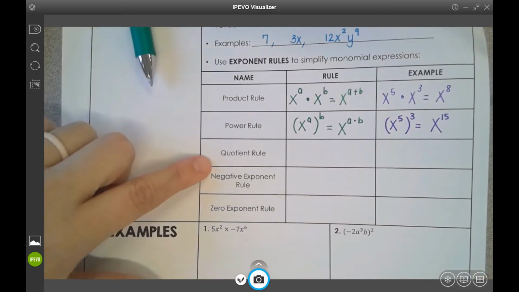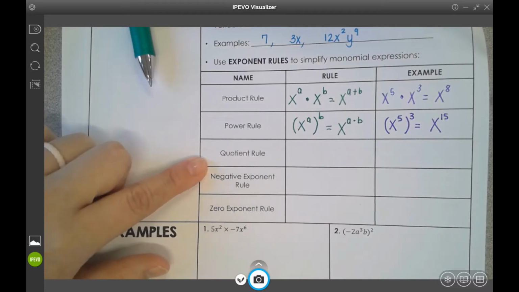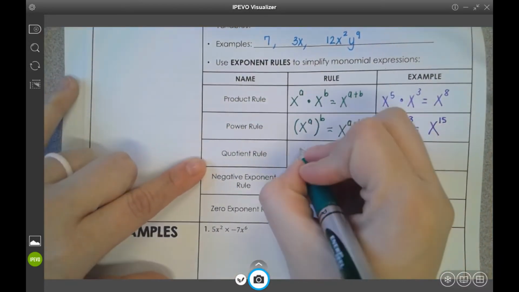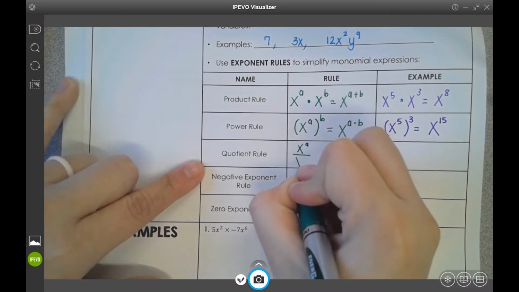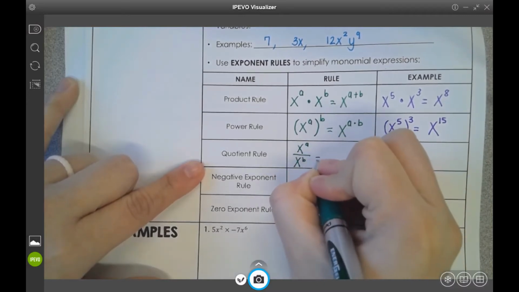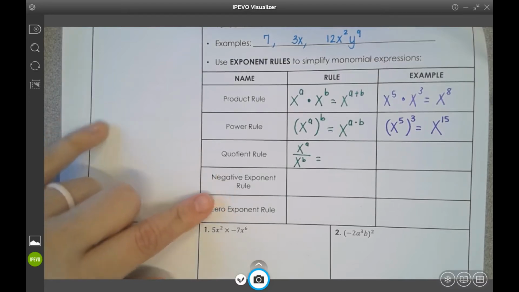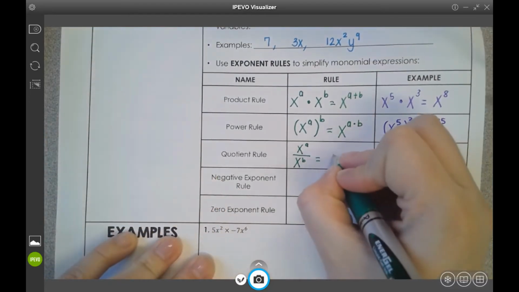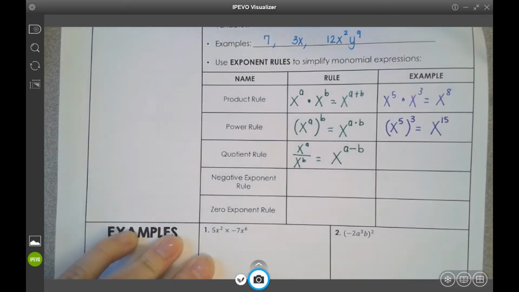Now, we have the quotient rule, and quotient comes from division. So if I have x to the a divided by x to the b, we subtract: x to the a minus b.